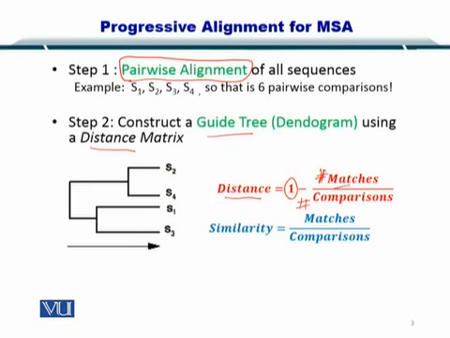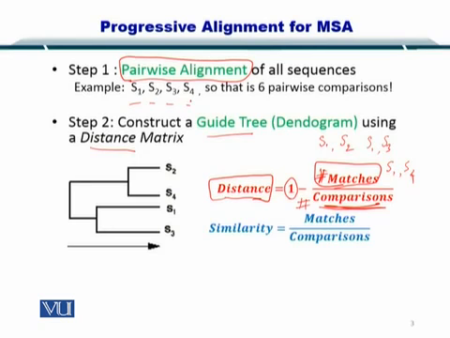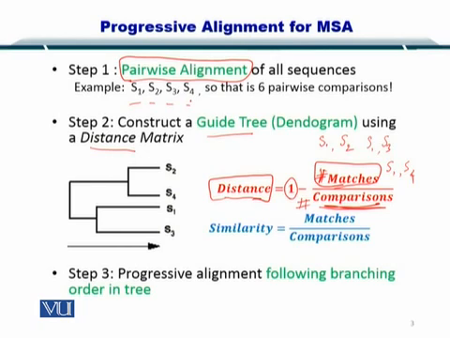So you already know how many matches exist between S1 and, let's say, S2, as well as S1 and S3, and similarly S1 and S4. Since you know the number of matches as well as the number of comparisons, you can easily compute the distance between each one of these sequences. Now you have computed the distance, and you want to move to the third step.